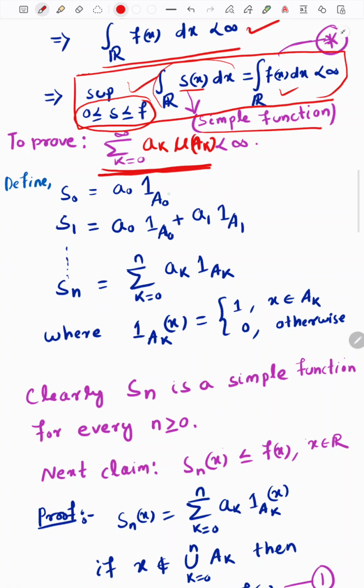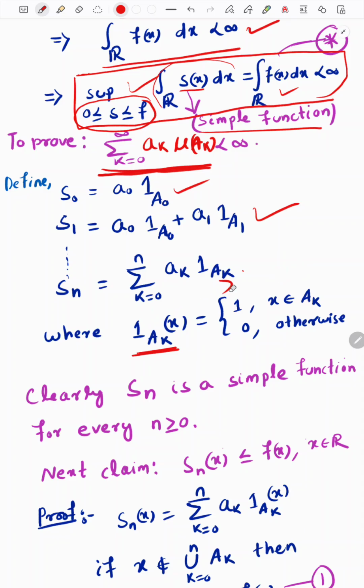So to achieve our target, we define these simple functions. Here 1_{A_k} is nothing but the indicator function, also called the characteristic function.